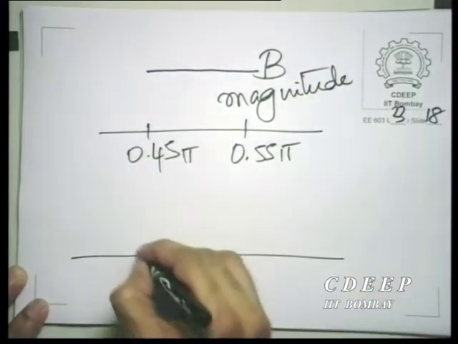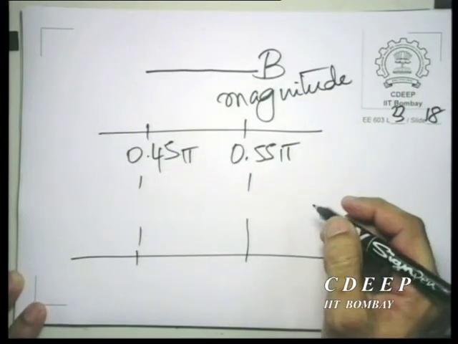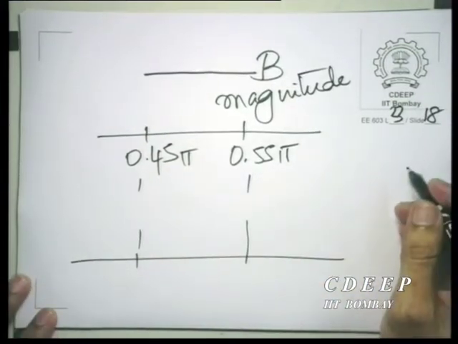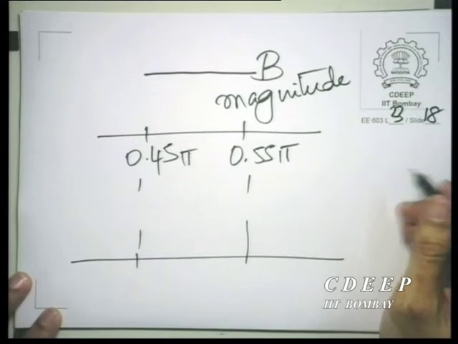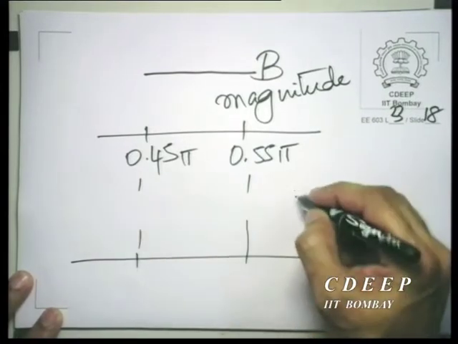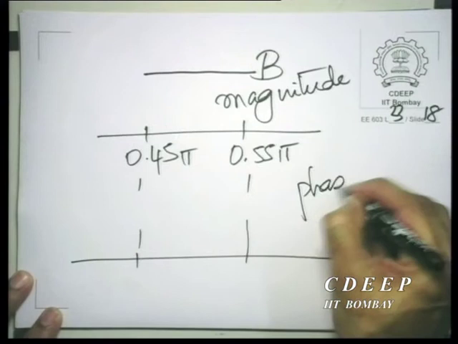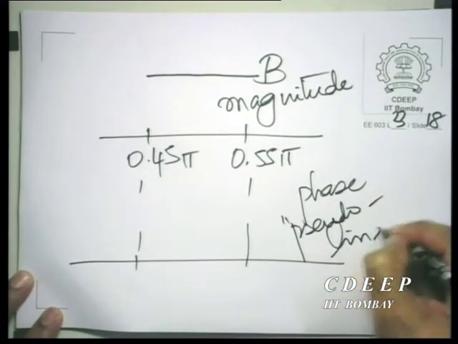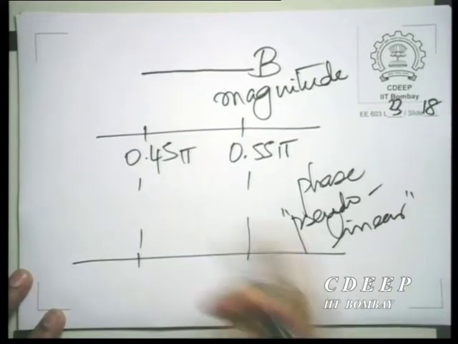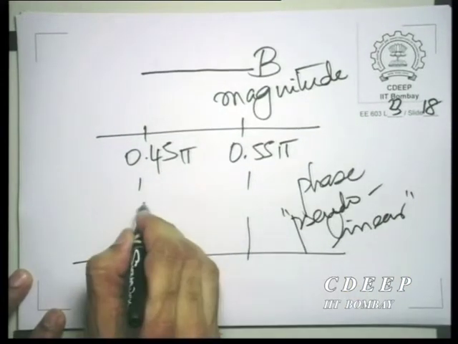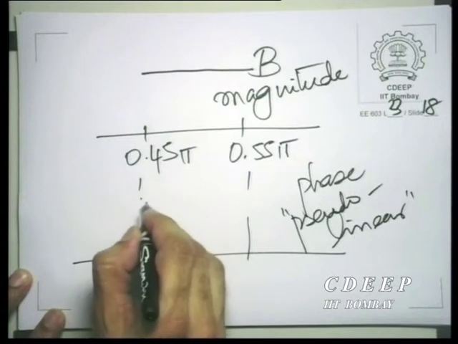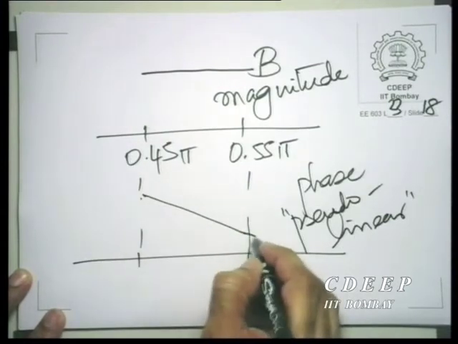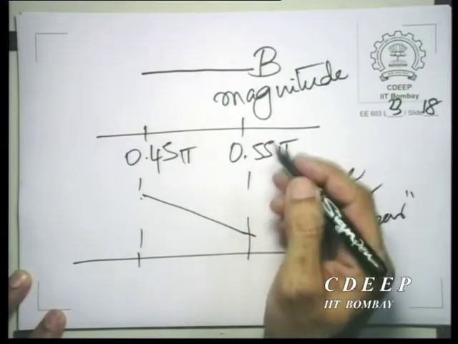And we were told that the phase is essentially a linear phase. Well, if not, one wouldn't call it linear, actually one should call it pseudo-linear, because it does have a straight line expression, but it does not pass through the origin. So it is a phase like this, a straight line kind of function.